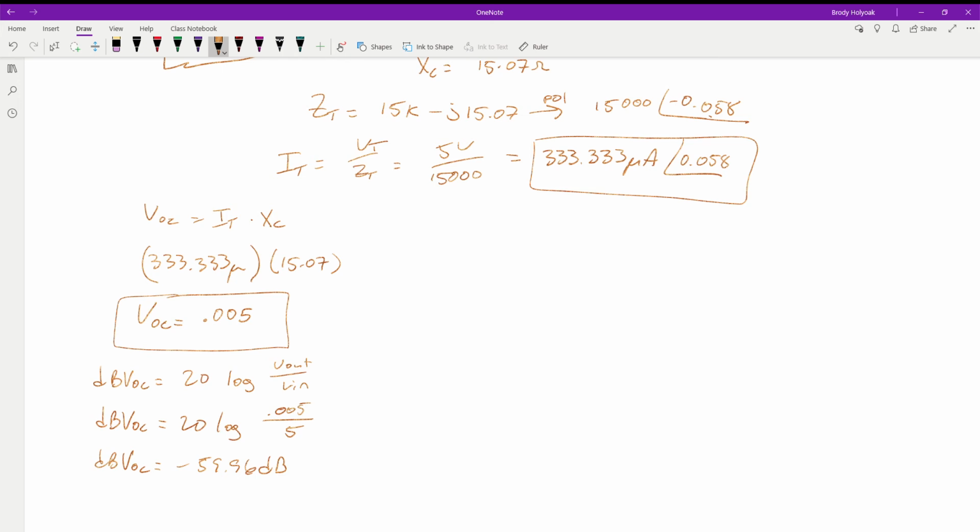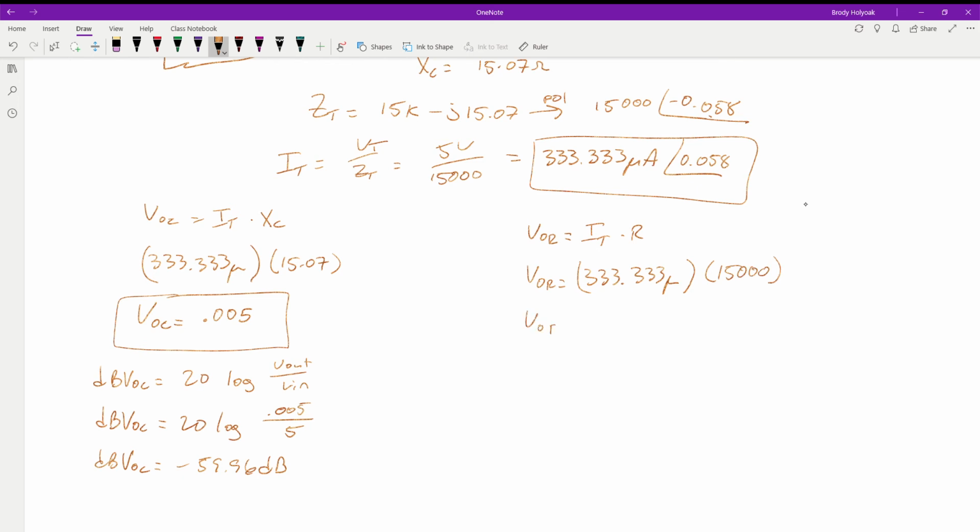But we're not going to worry about that much. So now the V out for the resistor is going to be equal to the current total times the resistance. So V out is equal to 333.333 microamps multiplied by 15,000.